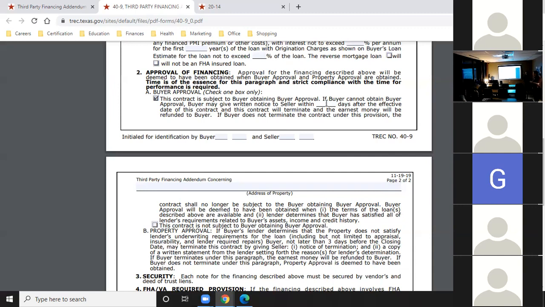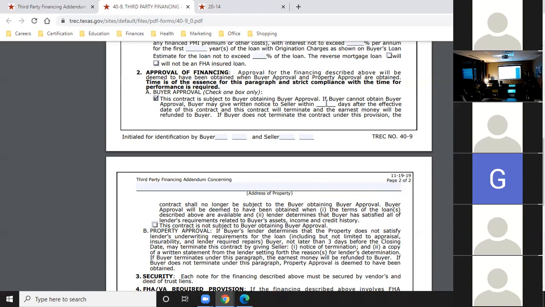If for any reason his loan falls apart, he only has 10 days from the effective date of the contract to terminate everything and get his earnest money back if he ends up losing his buyer approval.